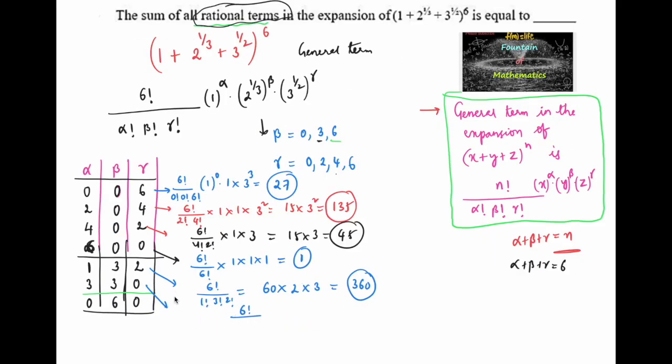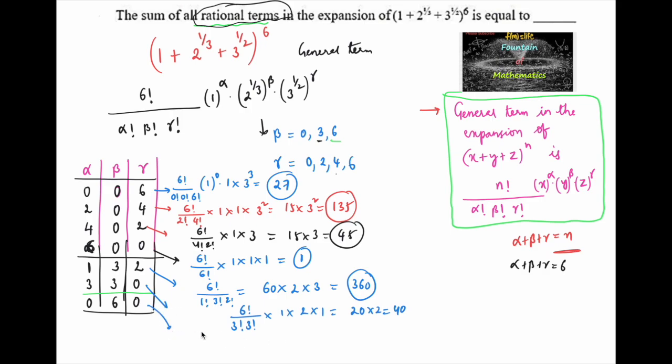The next one is 6! / (3! 3!), into 1, and 2 into 3^0, which is 1. So 6! / (3! 3!) gives 20, and 20 into 2 is equal to 40.